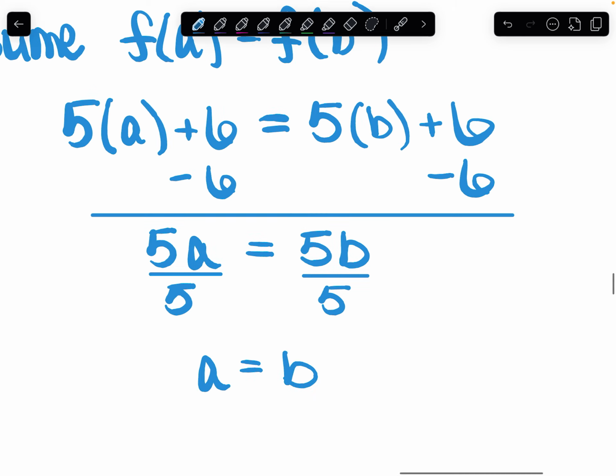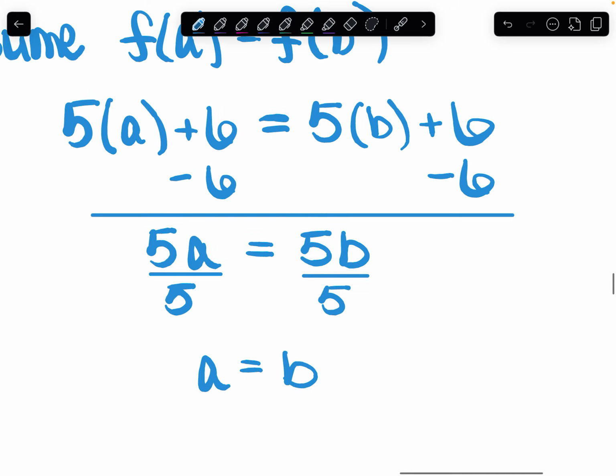So since A equals B, the function is one-to-one, or invertible. Its inverse exists.